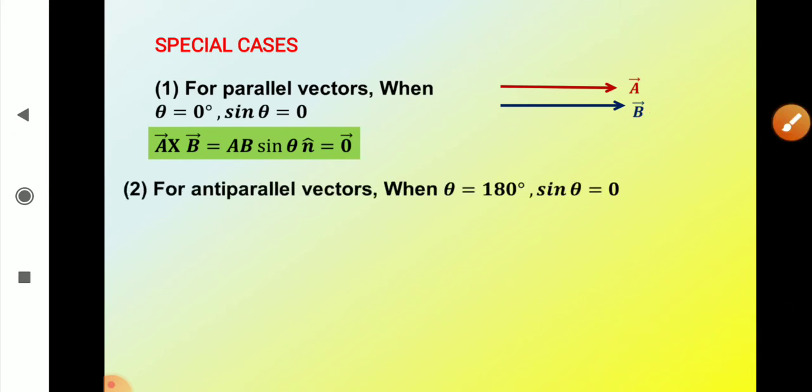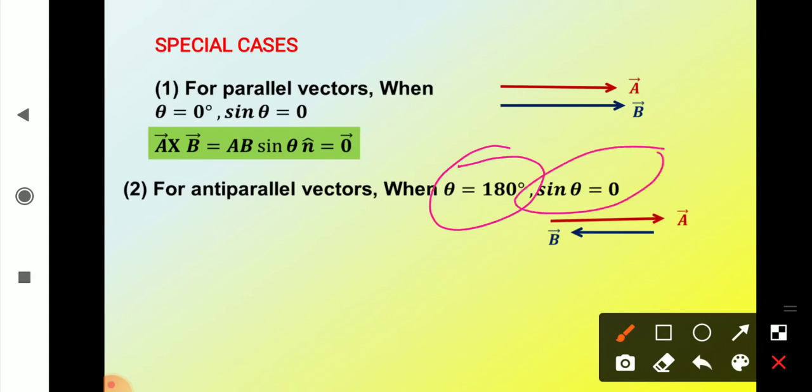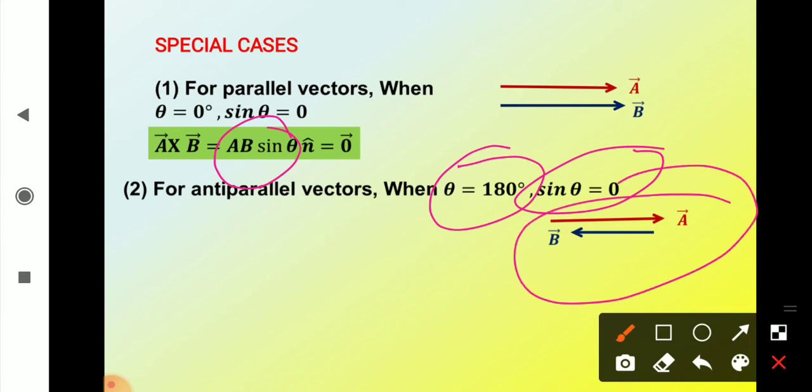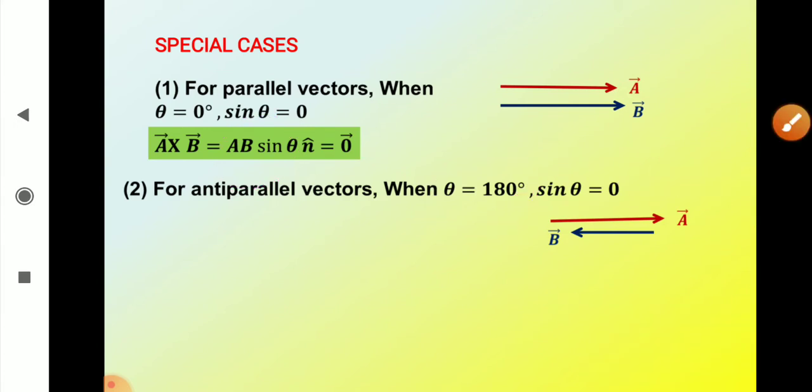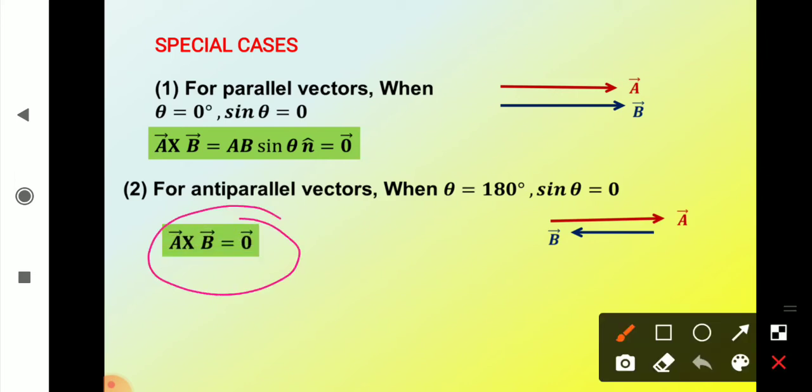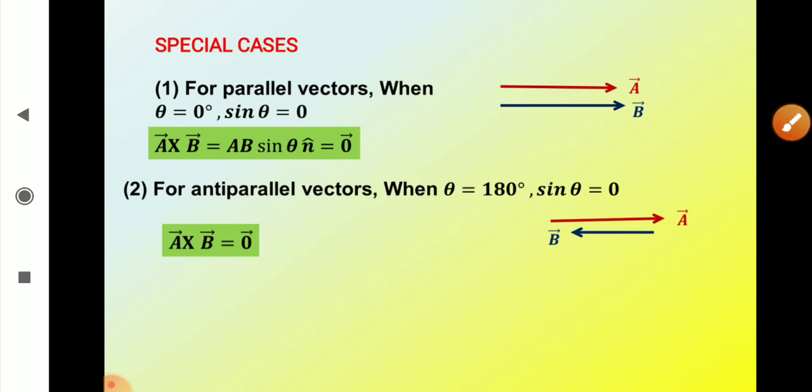And for anti-parallel vectors, when theta is 180 degree, sin theta is again 0. That means this magnitude AB sin theta becomes 0. You see, anti-parallel vectors हैं, A और B की direction opposite है, and here also their cross product will be a 0 vector.